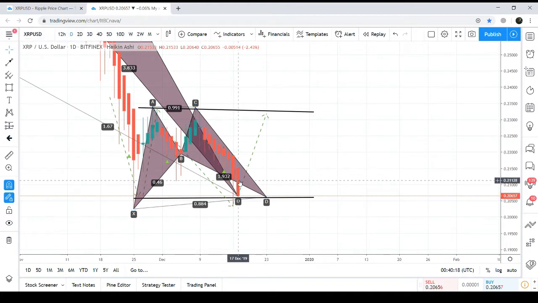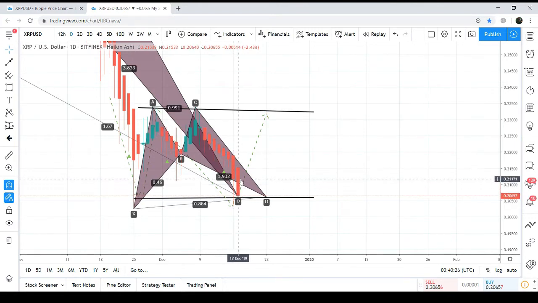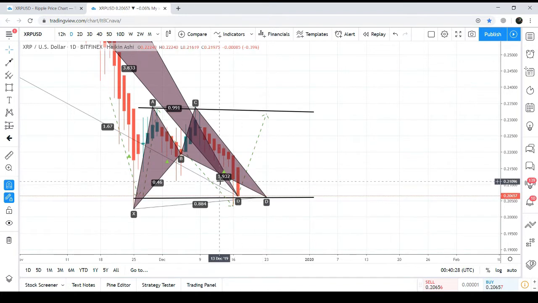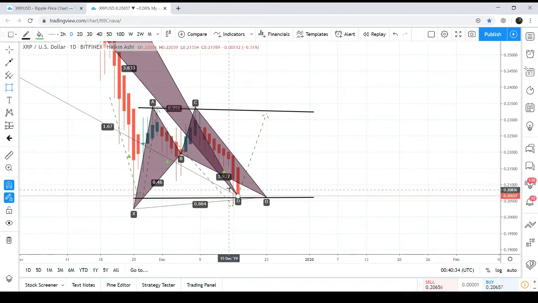So let's assume it is the bat pattern. If it will be a spike, then we can consider it as a Gartley pattern, but at this time the bat pattern is also completed. So this can be the potential reversal zone of this bat pattern.